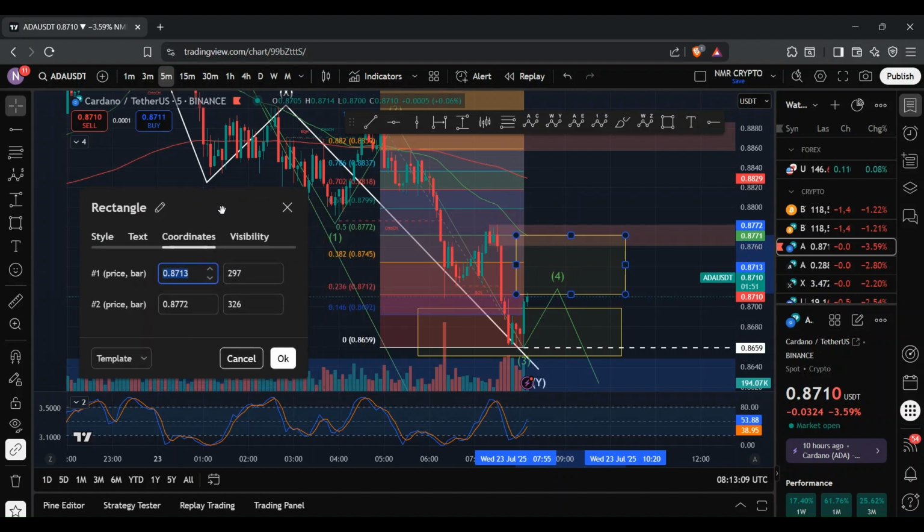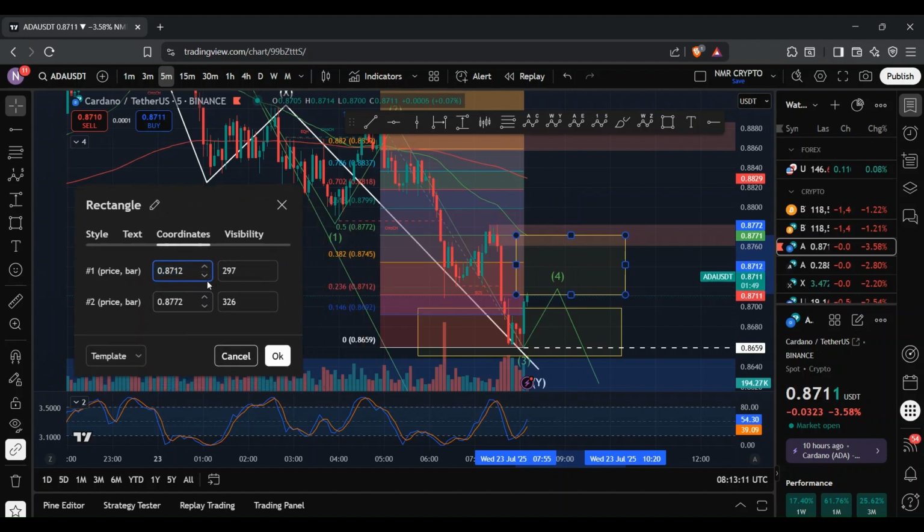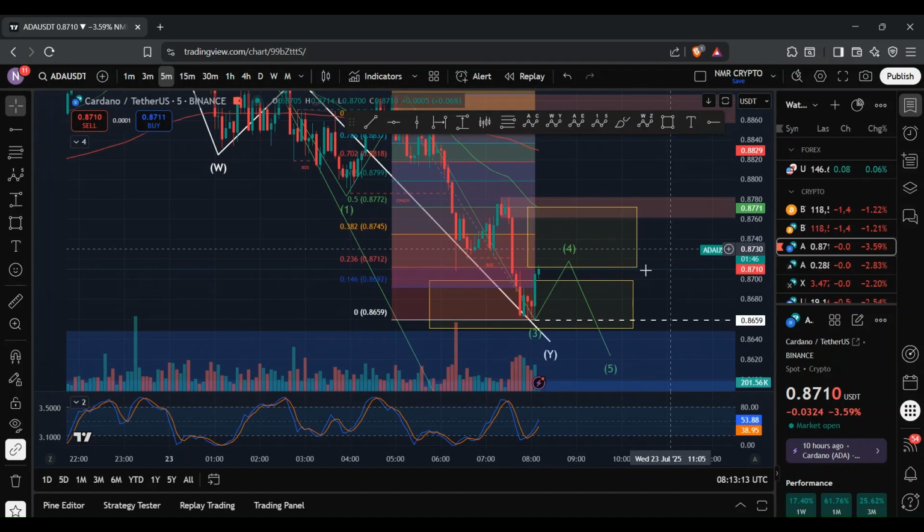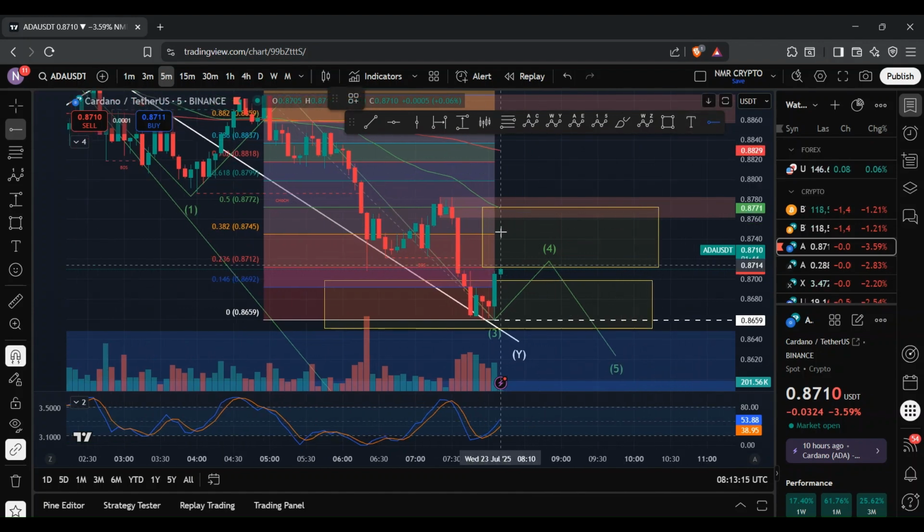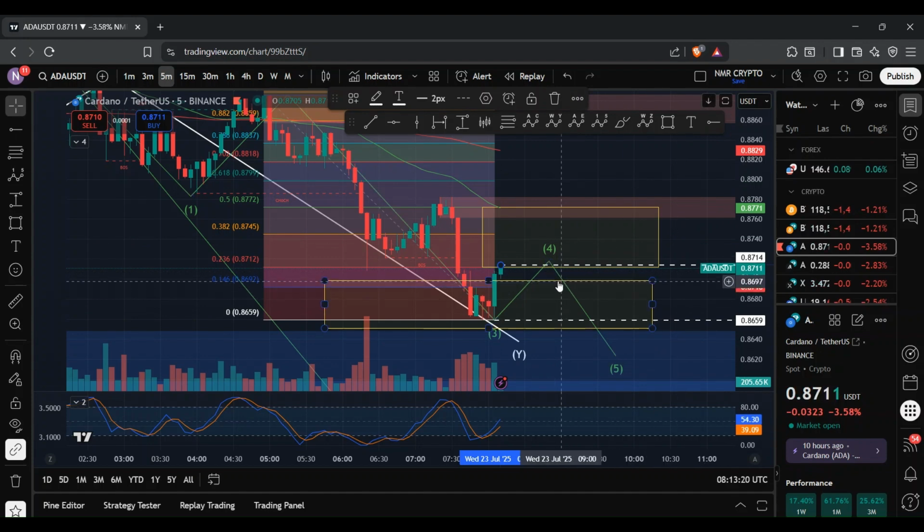So let me adjust this, and that's in the right position. So we ended up tapping into that region. As you can see, we ended up reaching 87.14 cents, and so it's possible that this move is now complete, and then we see that final push to the downside to then complete the 5th wave.